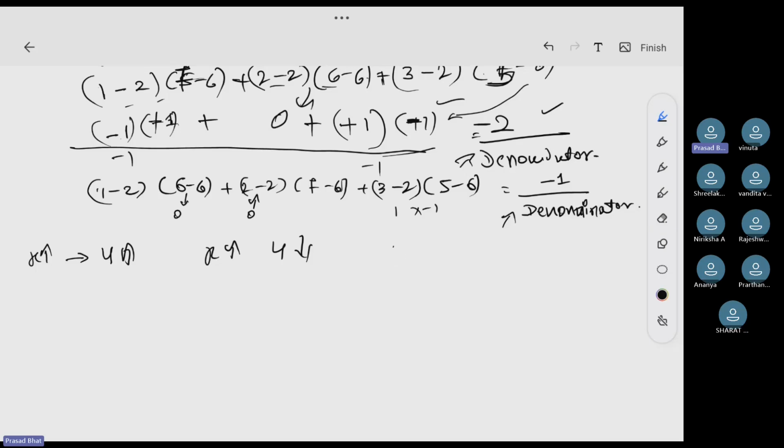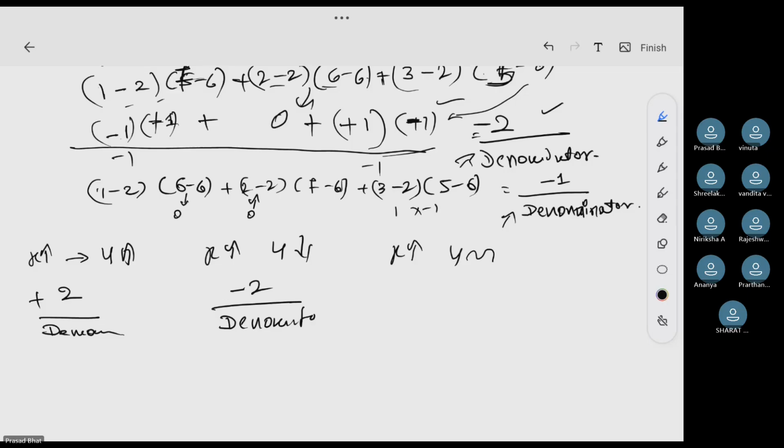And then x is increasing and y is fluctuating. In the first case the correlation value was plus 2 divided by some denominator, here it was minus 2 divided by the denominator, and here it is minus 1 divided by the denominator.